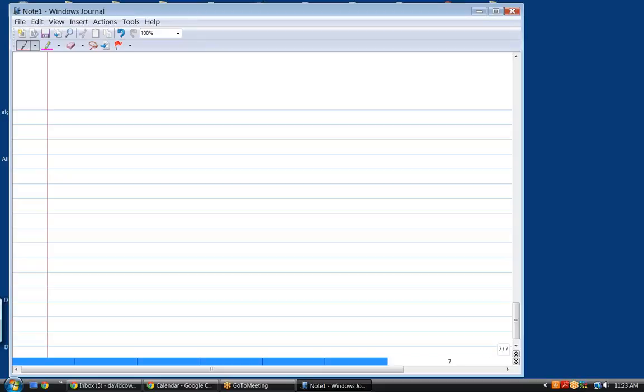Let's do another separating variables. Now this is a little harder. But not that hard. First of all, let's solve for y.